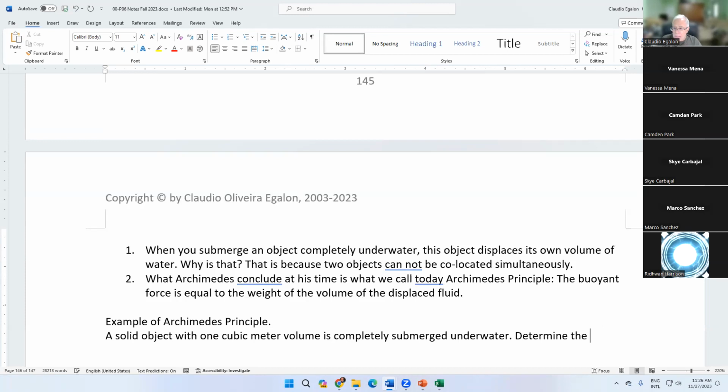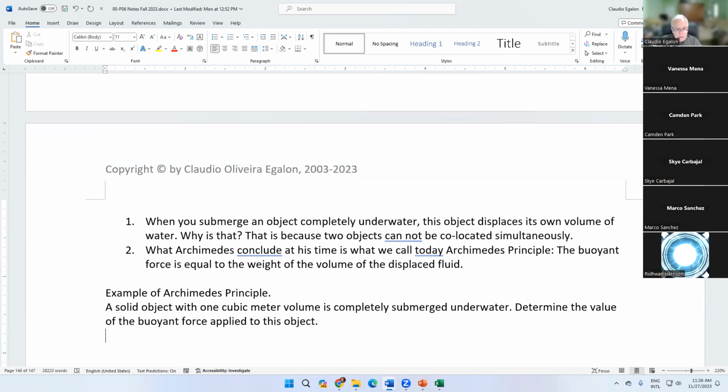Determine the value of the buoyant force applied to this object, using Archimedes' principle. Solution.